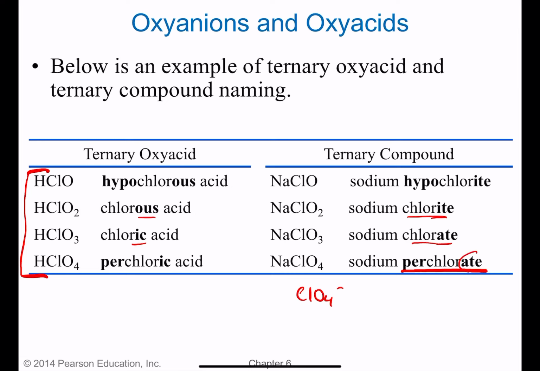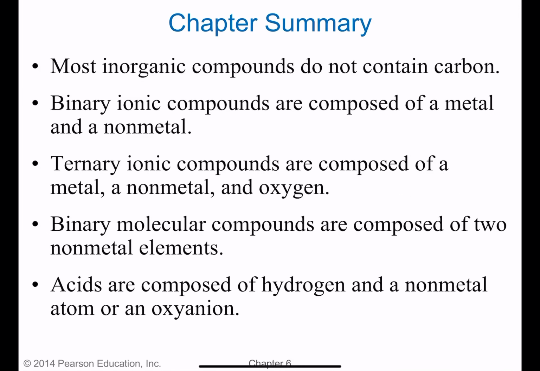We're still taking the ATE ending and changing it to ic acid. So perchlorate becomes perchloric acid. And then I gotta check if this one was on your slides, but ClO minus is the polyatomic ion called hypochlorite. The ITE ending still changes to OUS acid. So hypochlorite becomes hypochlorous acid.